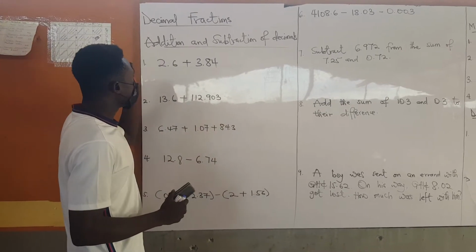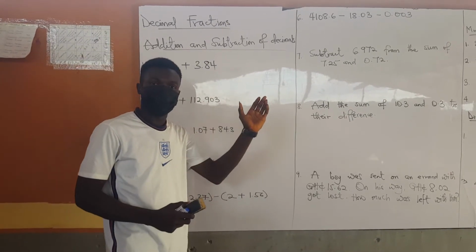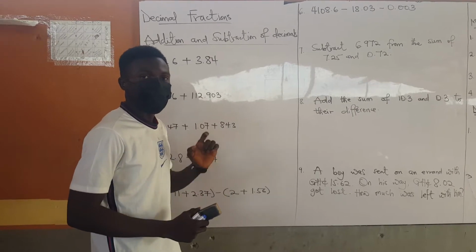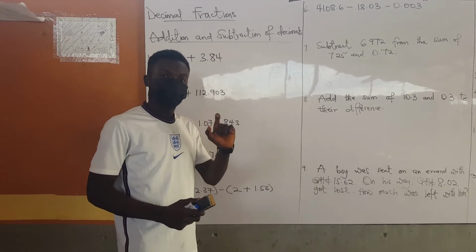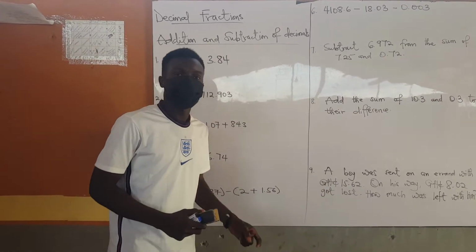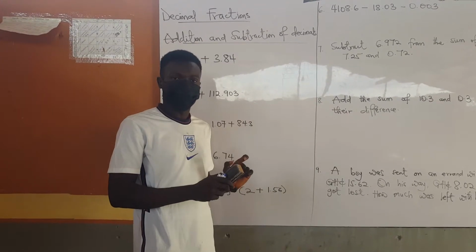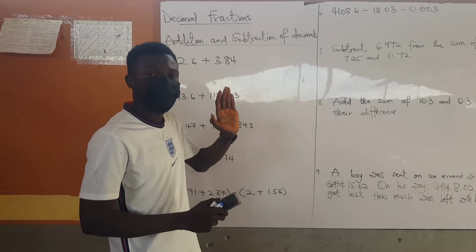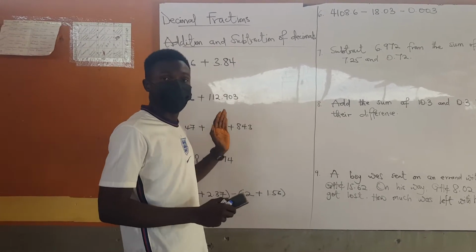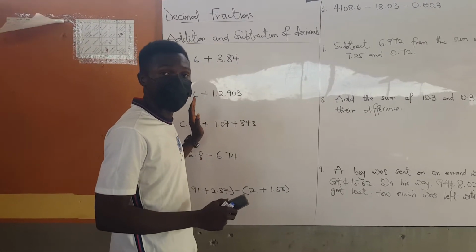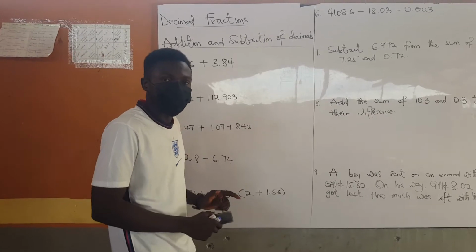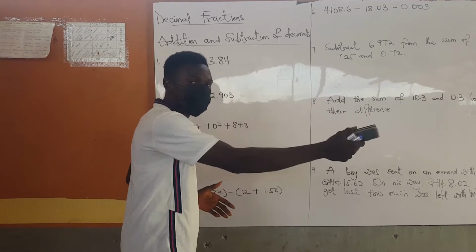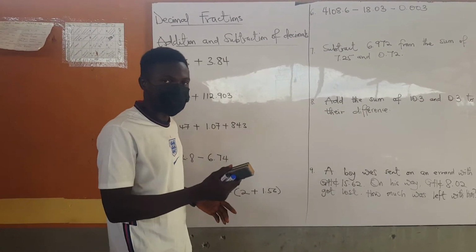Now, to perform the addition of decimal fractions, we have to remember certain things, which is the decimal point. Last time we met, we said that all the numbers on the left of the decimal point are whole numbers, and those on your right are the decimals.